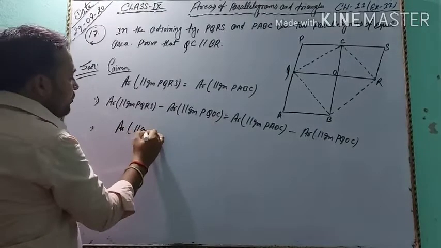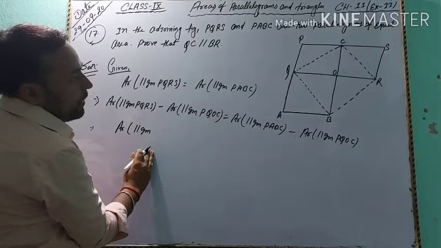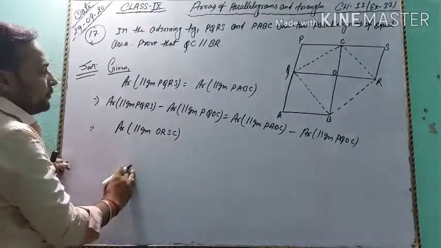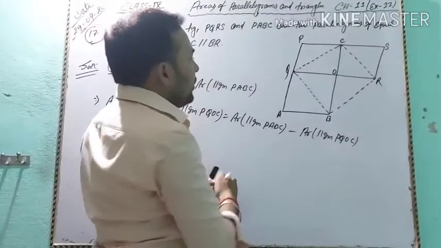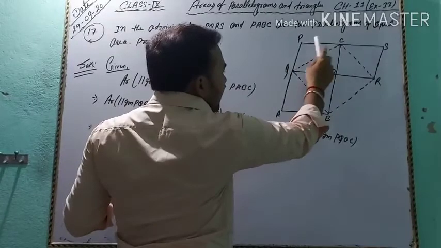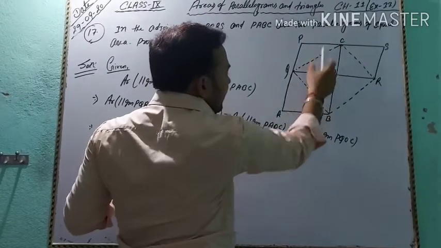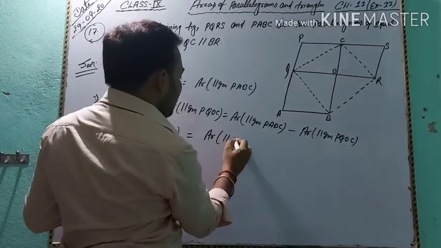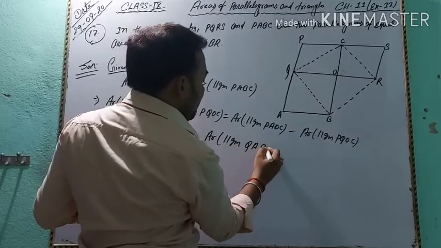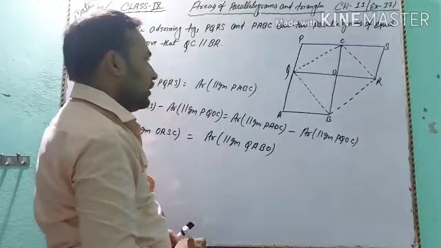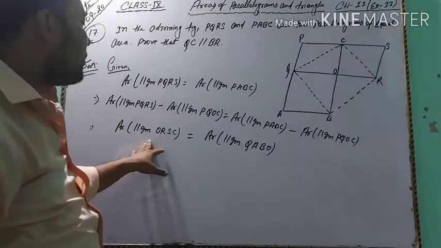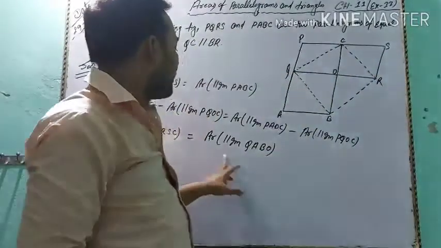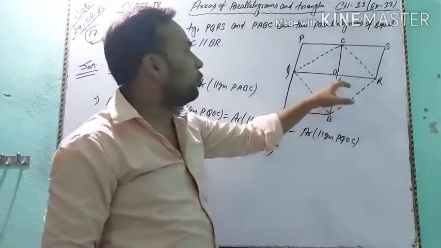Area of parallelogram ORFC is equal to area of parallelogram PABC minus area of parallelogram PQOC. If we subtract this, what remains is QABO, area of parallelogram QABO. And students, area of parallelogram ORFC is equal to area of parallelogram QABO, okay.